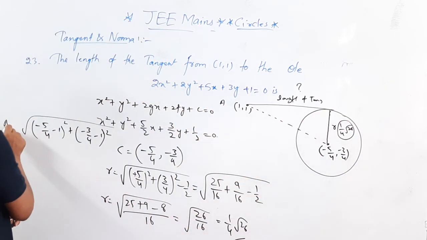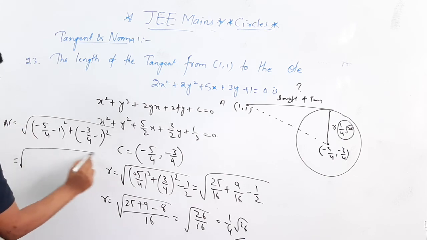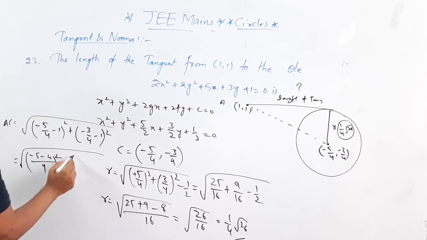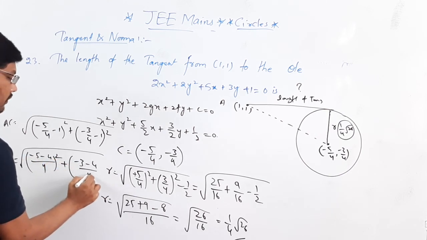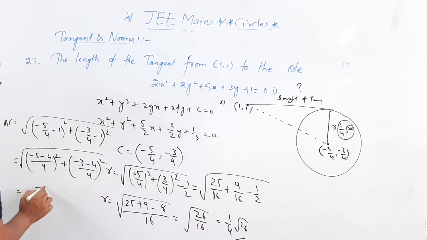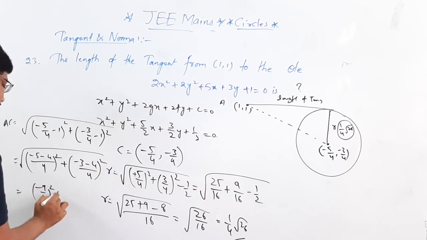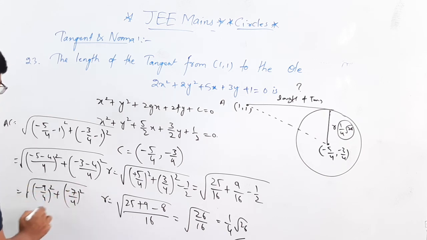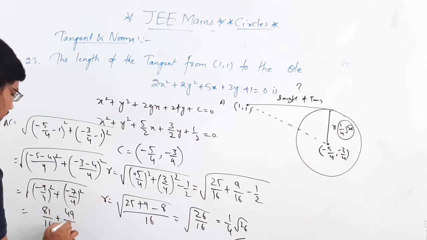So AC distance is equal to square root of, LCM is 4, (minus 5 minus 4) by 4 whole square plus (minus 3 minus 4) by 4 whole square. So minus 9 by 4 whole square plus minus 7 by 4 whole square, square root of. So 81 by 16 plus 49 by 16.